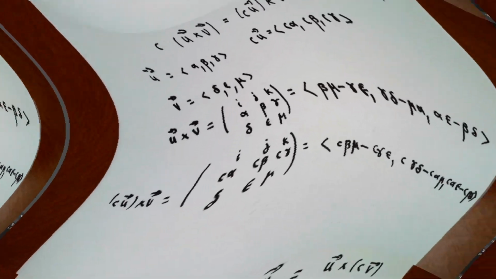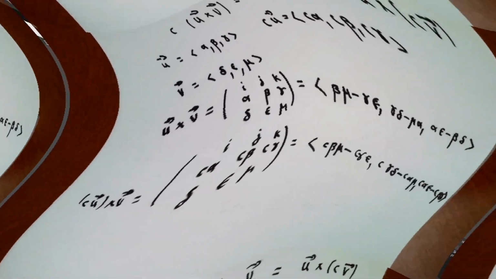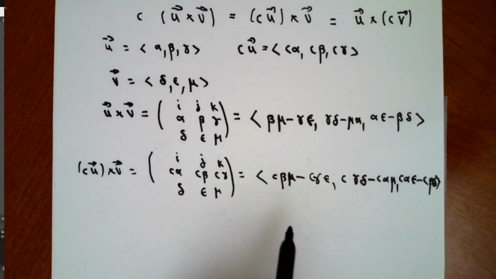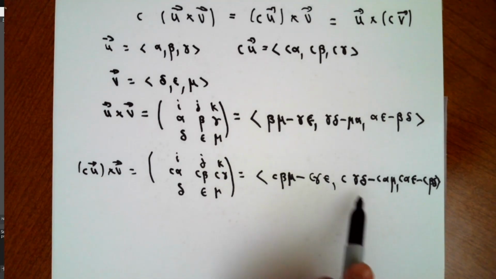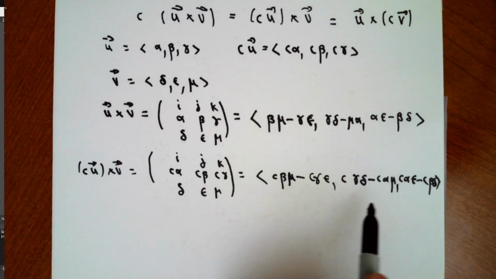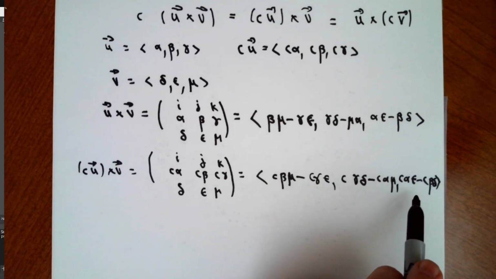Itself, what would be left is c multiplied by the vector with components beta mu minus gamma epsilon. In the second component, having pulled the c out, I'll have gamma delta minus alpha mu, and here I'll have alpha epsilon minus beta delta.